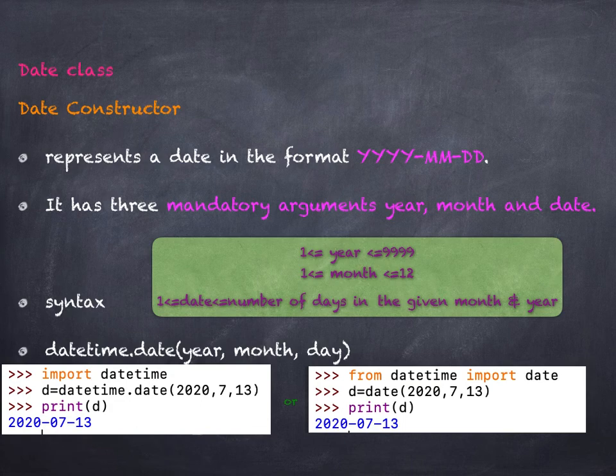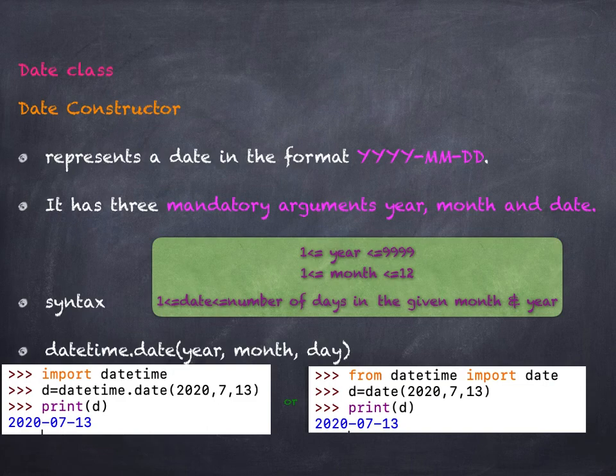You can see 2 examples here, using different statements. In the first one, import the module name, that is datetime, and the next statement is d equal to datetime.date, within brackets the 3 arguments year, month and day, and then print d, and you can see the date in the specified format, that is year, month and day.